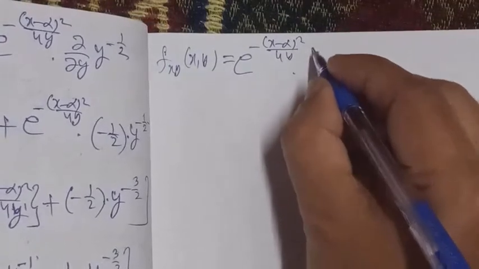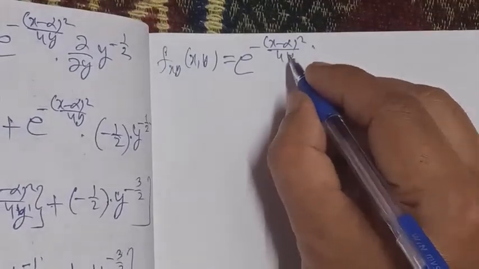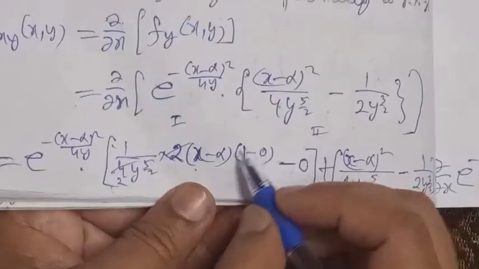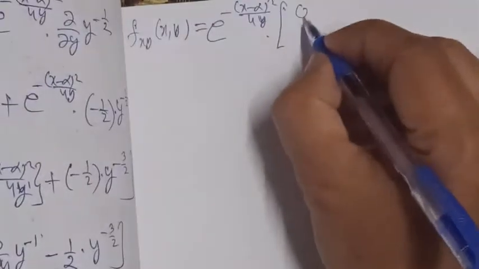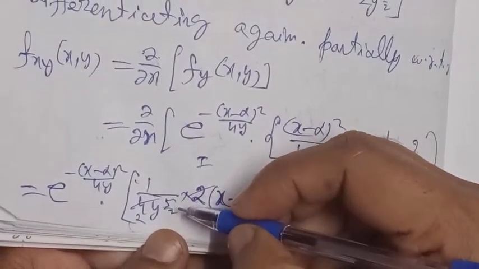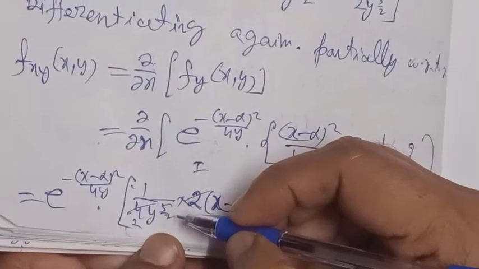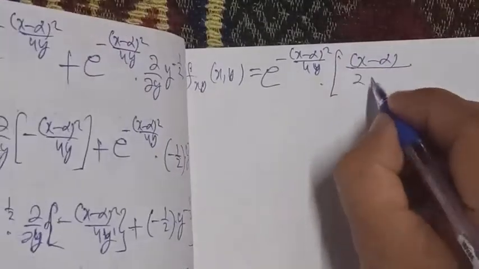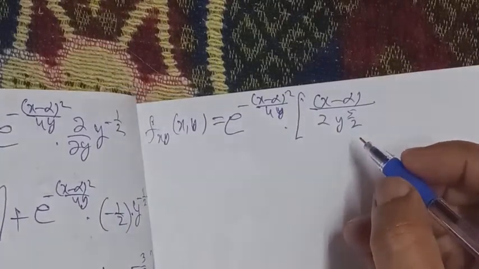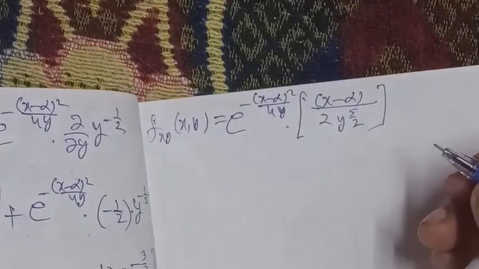You can write it from the previous page bracket. After solving we get (x minus alpha) multiplied by 1, which becomes x minus alpha, and upon it we have only 2y to the power 5 by 2. This is the first term, and next term.